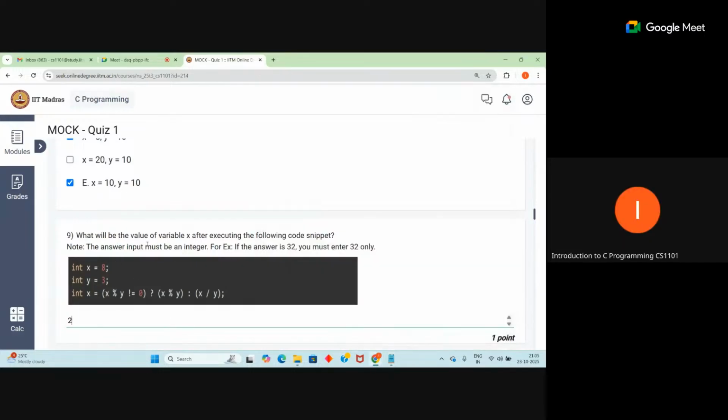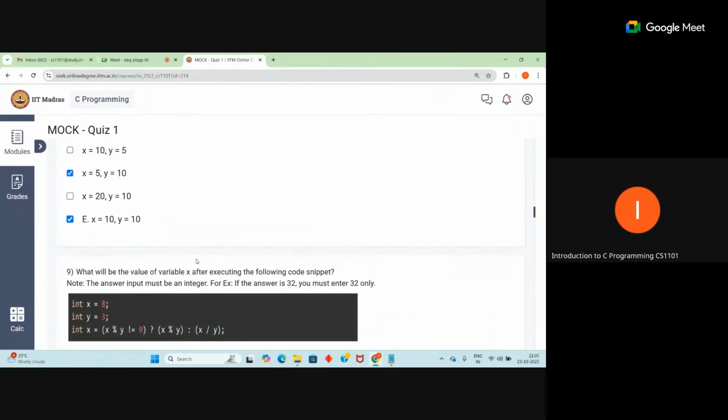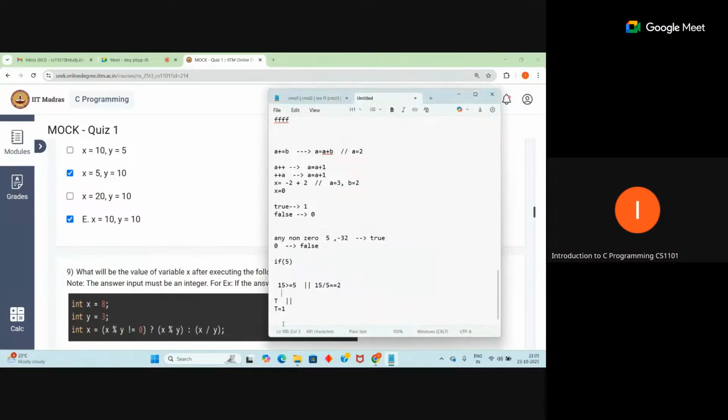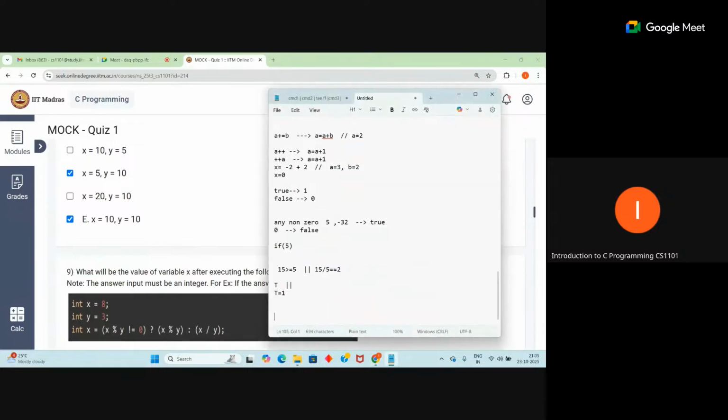Next. What will be the value of the variable x after executing the following code snippet? The answer input must be an integer, so you have to write an integer value here. In general, in quiz 1, you will have either MCQ or MSQ or numerical questions. MCQ means any one of the given options is correct.